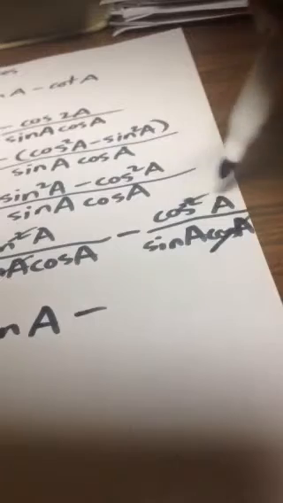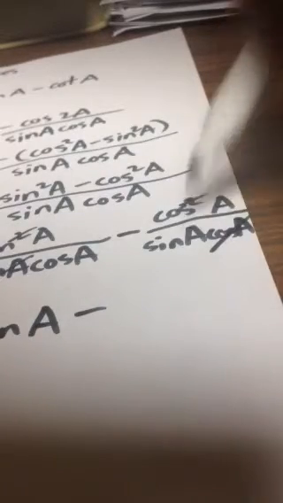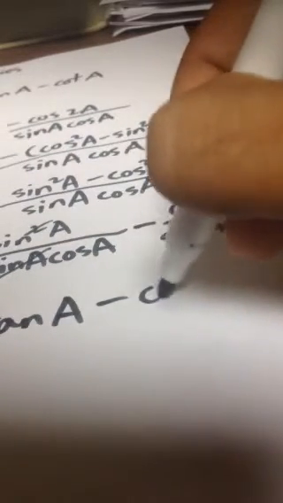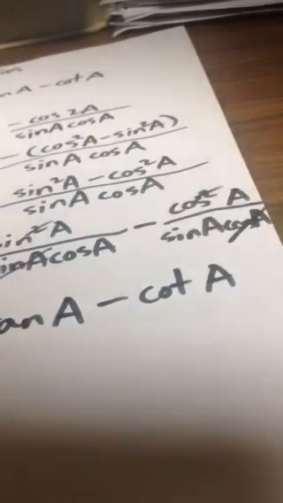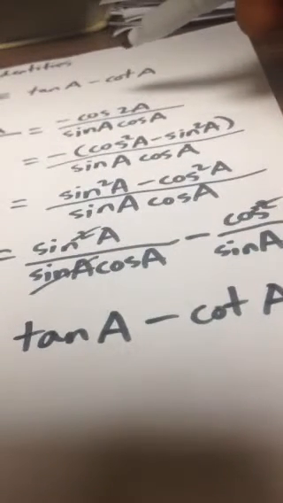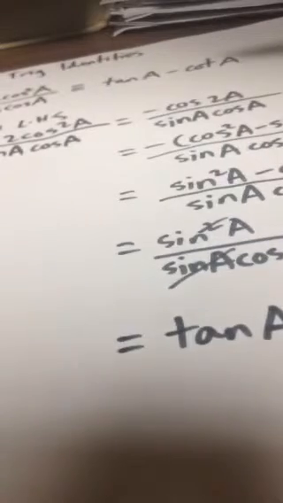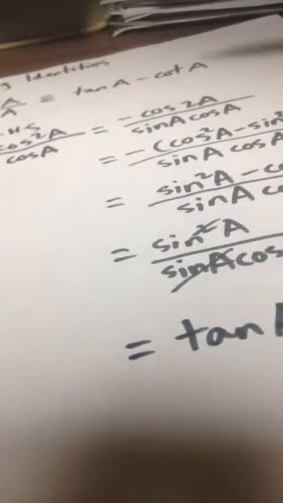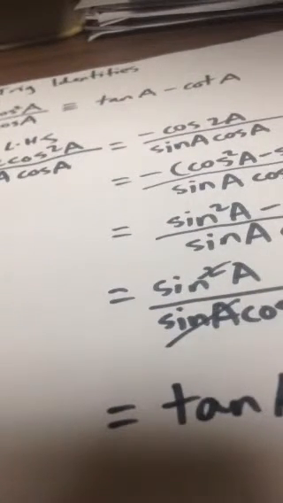So cos squared A becomes cos A, and cos A over sine A is cot A. And there I have obtained what I needed on the right hand side, tan A minus cot A. So 1 minus 2 cos squared A on sine A cos A is equivalent to tan A minus cot A.